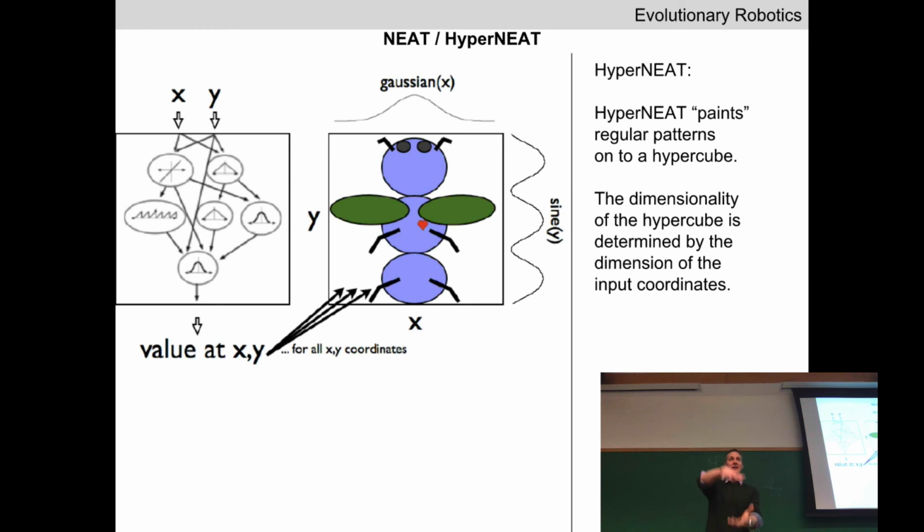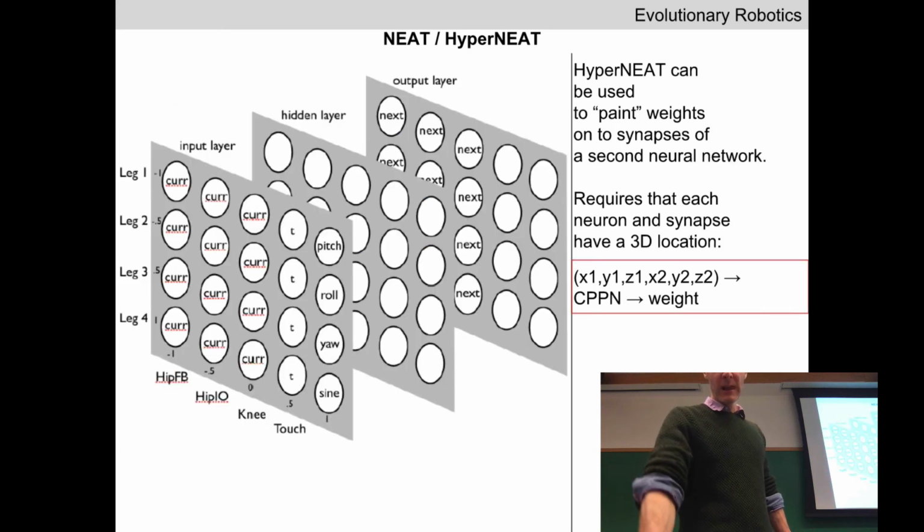So NEAT is creating and crossing CPPNs. And HyperNEAT is this process of taking a single CPPN and turning it into a regular pattern in some arbitrary dimensional space. I'm just going to plant the seed of this idea and we'll finish it off next time.